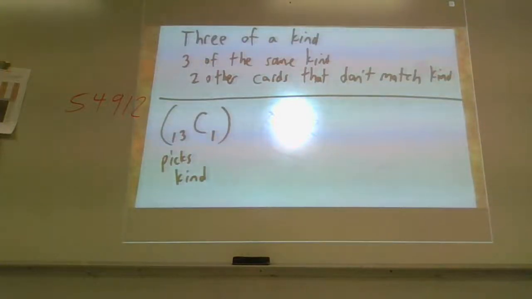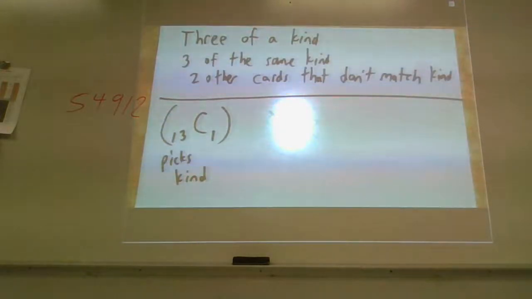It's kind of like a little bit of a puzzle here. From there, we have to pick the 3 cards. Because, how many kings are there? There are 4. How many aces are there? There's 4.